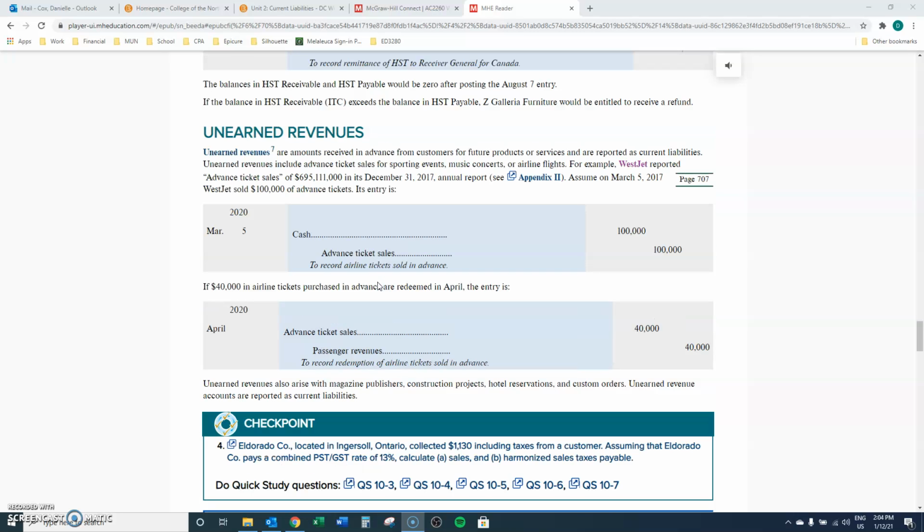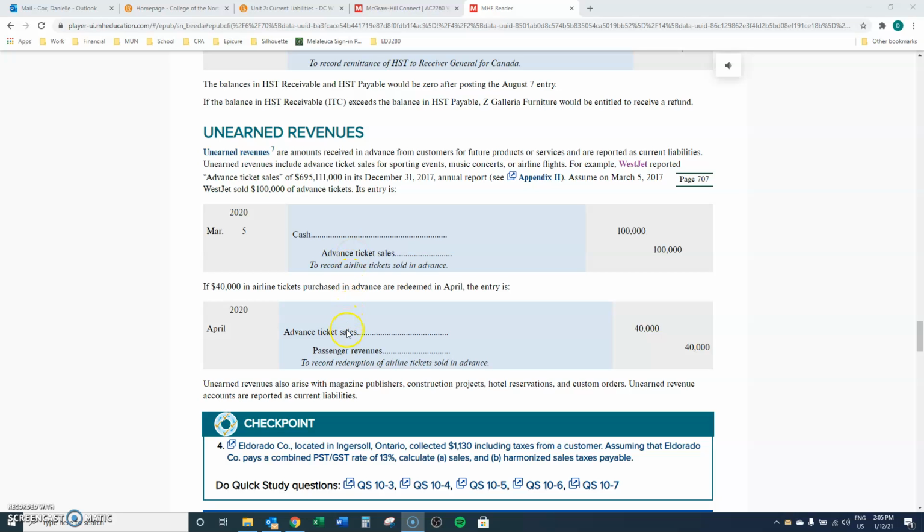We look at unearned revenues. So there are amounts received in advance from customers, but if it's for a service, for example, the service has not been performed yet, or the product hasn't been delivered yet, you receive the money in advance. So it's considered a liability until, if it's a service, you perform the service.